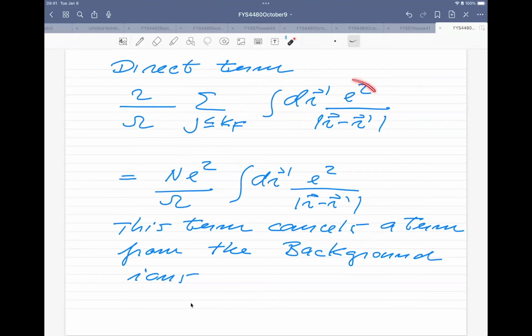I'm coming back to how we came to that one. I just wanted to give you the expression which we need now in order to look at the cancellation of this term due to the electron background interaction. So why can I convert this summation into that one? Any good?